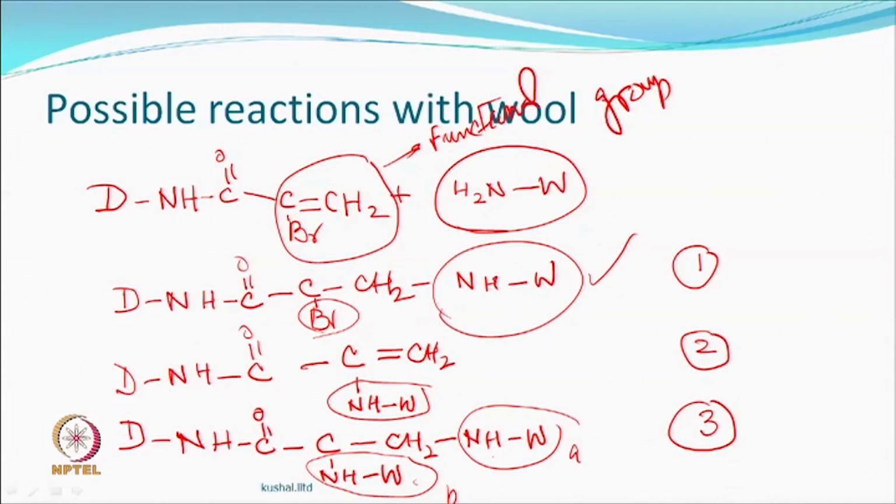Because the bromine is attached by a single bond to an aliphatic carbon, it is relatively easy to come out. So, wool people were the ones who first commercialized this process, and because of them the dye manufacturers also worked hard and tried to give as many shades as possible.